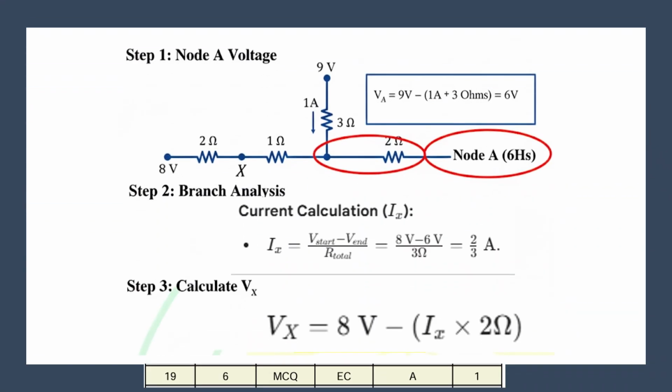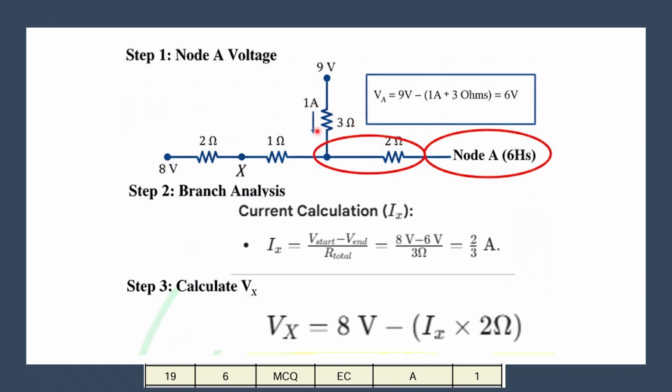So how can we solve? First of all, don't get confused with the circuits. Your circuit is very simple. First, 9 volts is given at this point, and we have to find the voltage at this particular point. So first let's find the voltage at this point. Use Ohm's law: how much voltage will drop across this resistor?